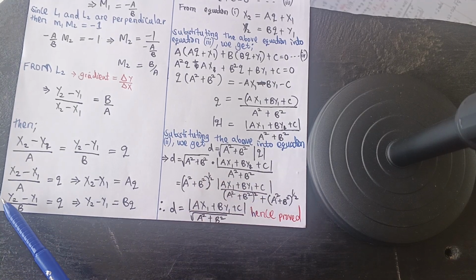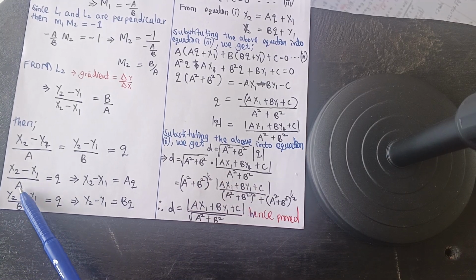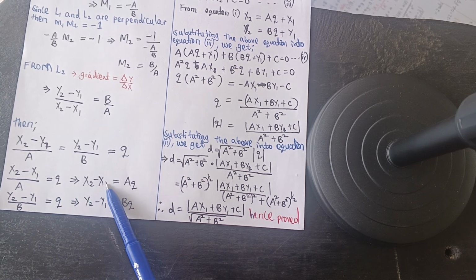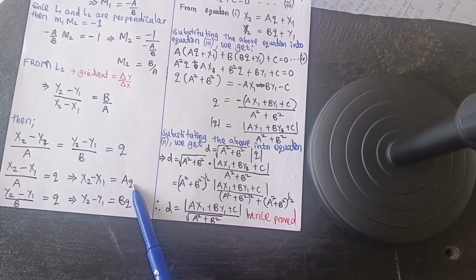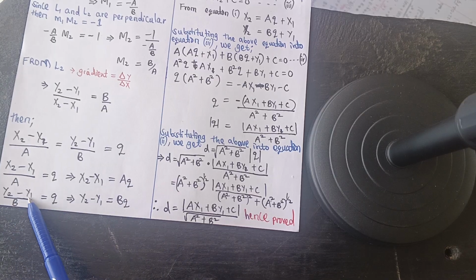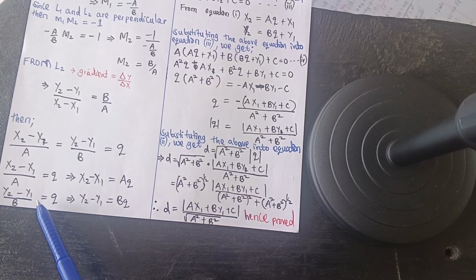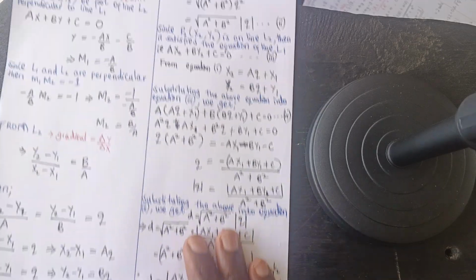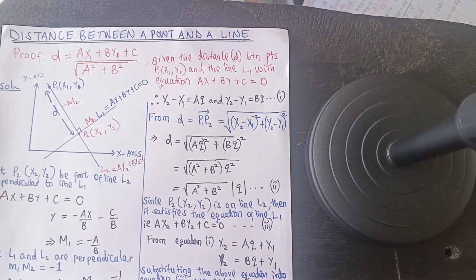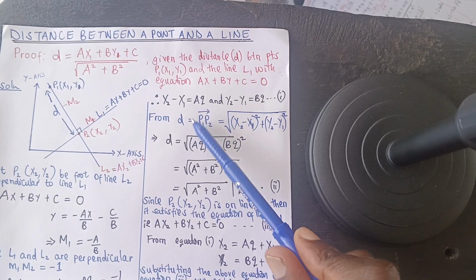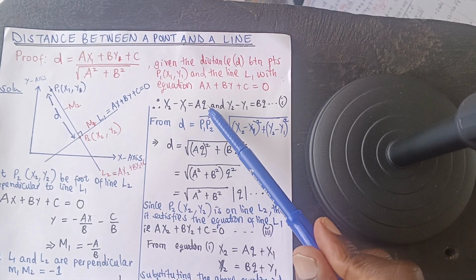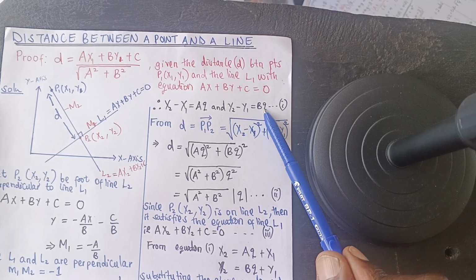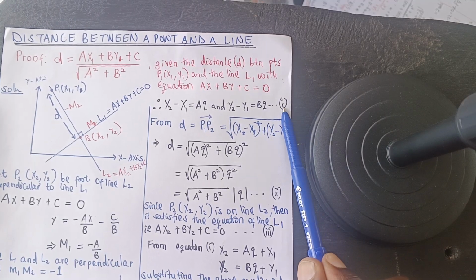Then from there, x2 minus x1 is equal to aq, and y2 minus y1 over b is equal to q, meaning y2 minus y1 is b times q, which is bq. From there, we can say x2 minus x1 is equal to aq, and y2 minus y1 is equal to bq, which we get as equation 1.